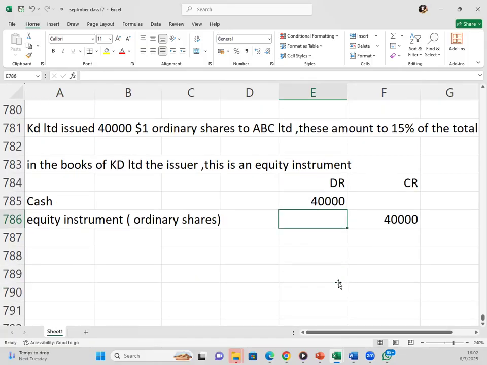But what about the one that has bought these shares? To the one that has bought these shares, they've bought less than 20%. It's a trade investment.